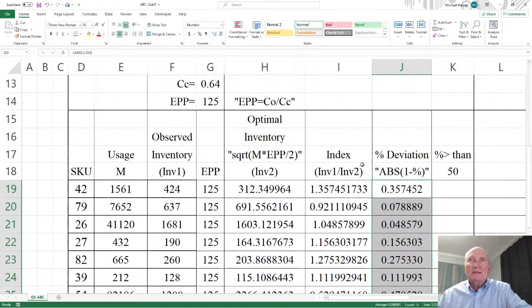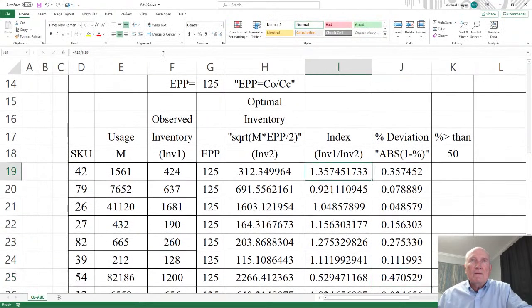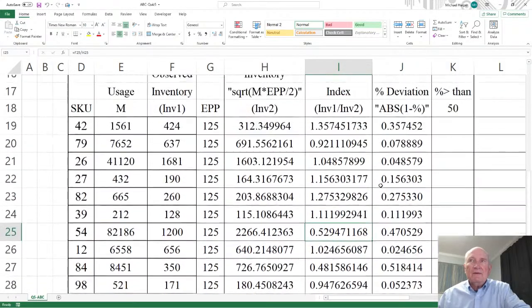Let's see here. Does this look right? Good. Okay, and there they are.